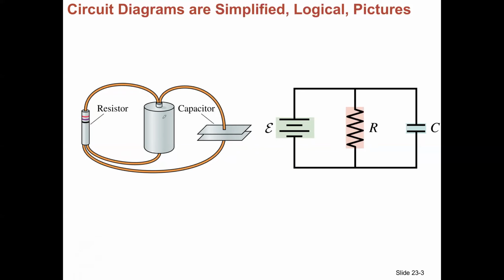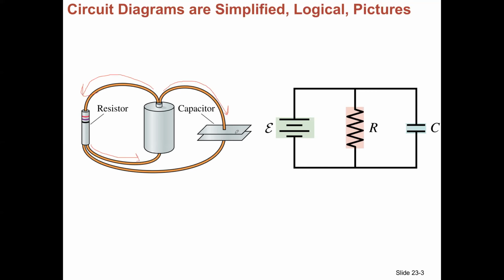So here, for instance, we have a battery in the center, and the current splits. Some of it goes to a capacitor, some of it goes to a resistor. Current going through the resistor will eventually get back to the battery there.